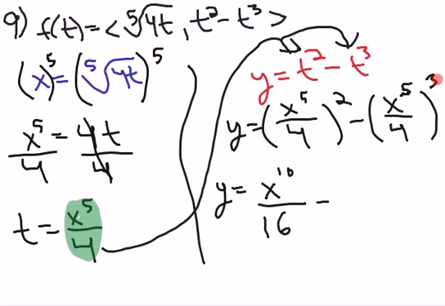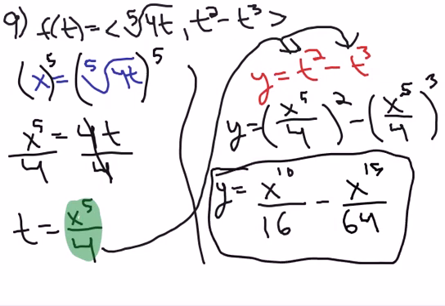Same thing here, x to the 5 to the 3rd, we multiply, so x to the 15 over 4 cubed is 64, right? Now we could get this into a common denominator, but this is good enough. We've done our job. We've gotten it into an equation just involving x and y, in other words, rectangular form. Okay, and we can go ahead and say that's our answer because we've eliminated the parameter t.